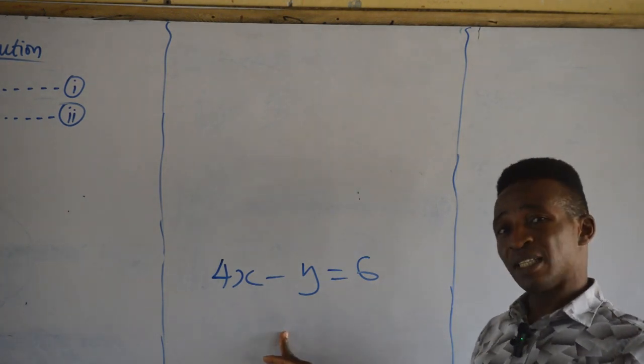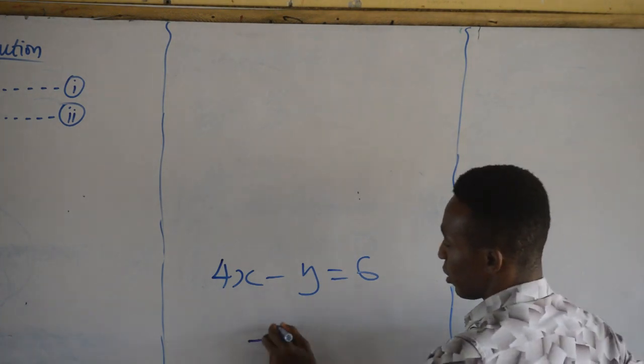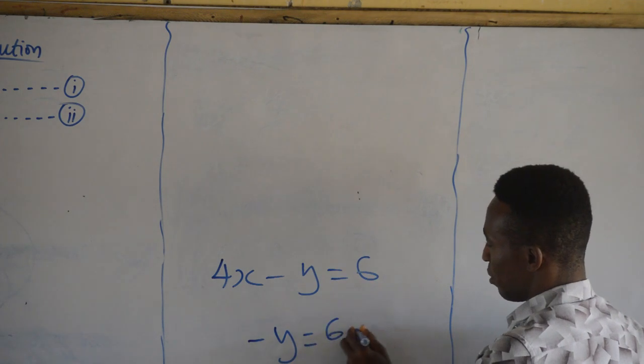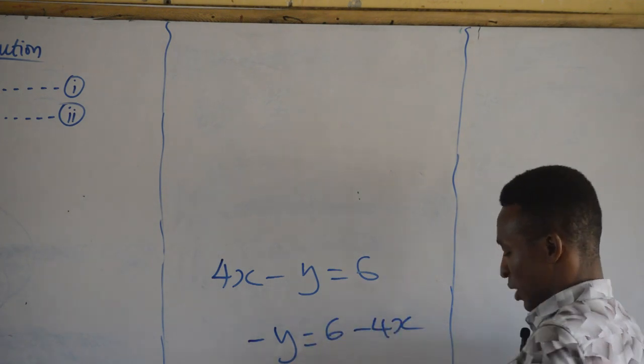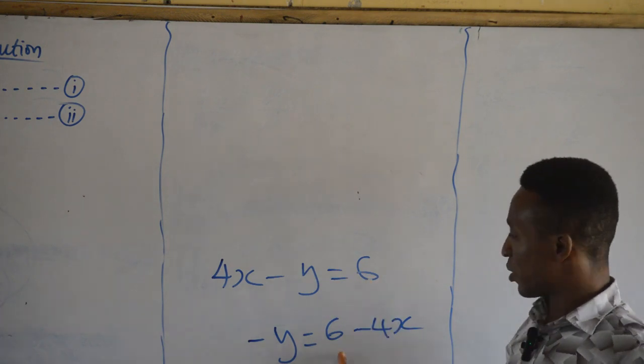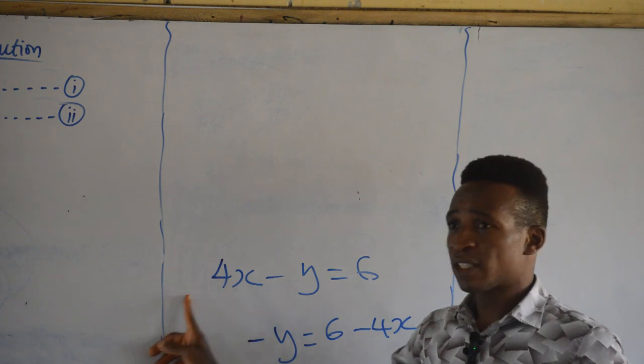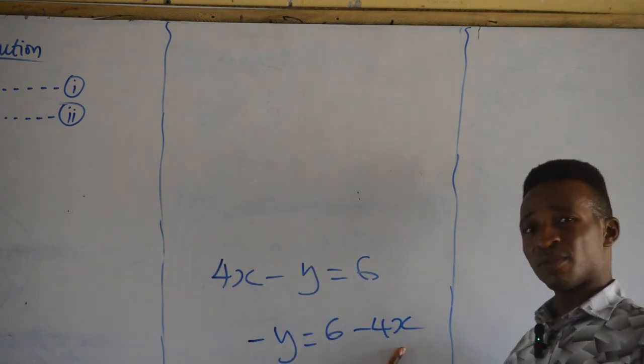You can still use that same method and you are still going to get the correct answer. In this case, if you leave this one here, you are going to have minus y equals 6 minus 4x. That means minus y stays on the left hand side, then 6 is already on the right hand side, you leave it there. This one has plus 4x, it crosses to the other side and becomes minus 4x.